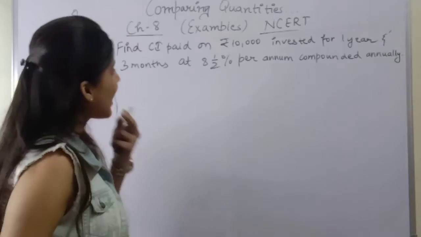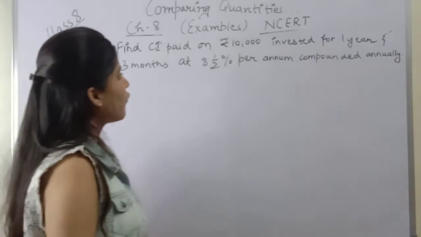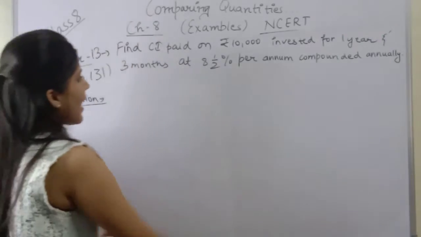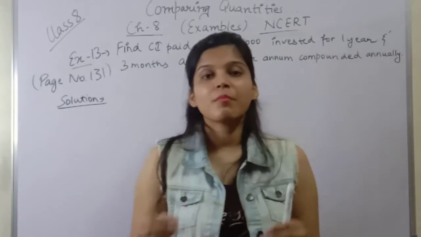Yes. So we have to find the compound interest paid on rupees 10,000 invested for 1 year and 3 months at 8.5% per annum compounded annually.